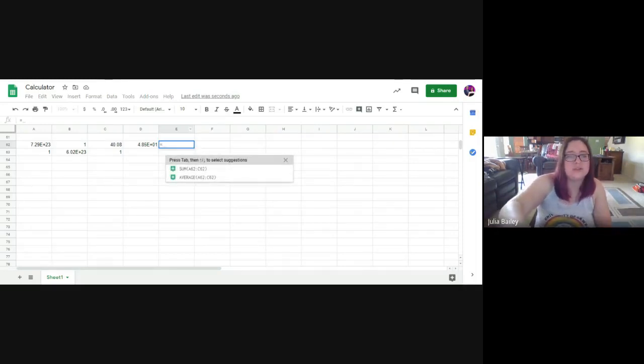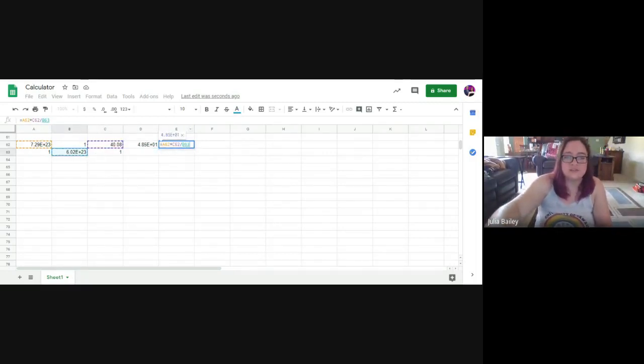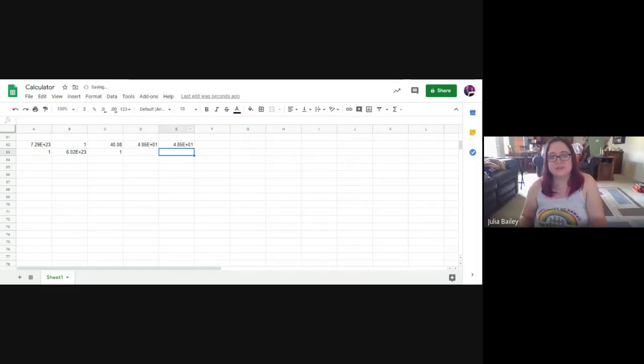So you could type it instead as just recognizing this is on top, it's going to get multiplied by this other thing that's on top, and then this thing that's on bottom is going to get divided. You get the same answer, 4.85 E1, which is the same as 48.5 if you're not using Google Sheets. Your calculator would probably give you 48.5, but that's the same thing.